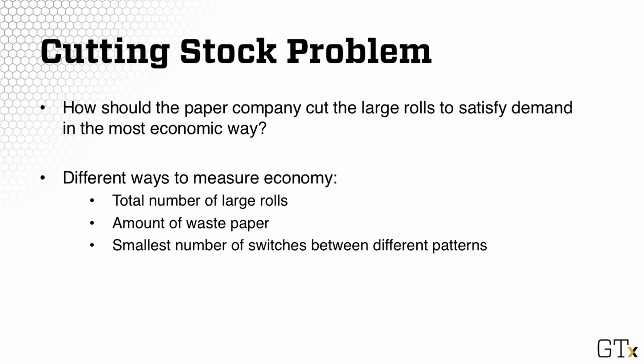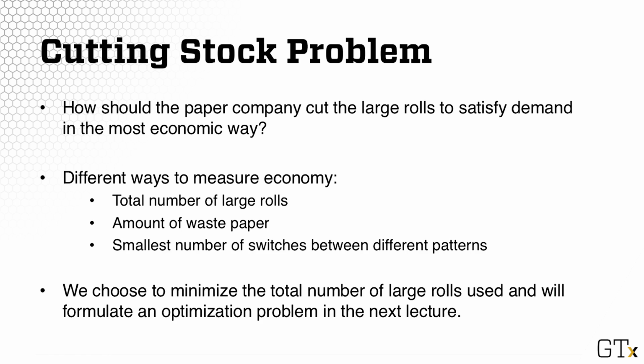And you can also ask about the smallest number of switches between different patterns, because a pattern needs to be cut by setting up machines to cut the paper. Different patterns have a certain setup cost to shift from one way of cutting to another. So we choose to minimize the total number of large rolls used, and we're going to formulate this optimization problem in the next lecture. So this is the famous cutting stock problem.